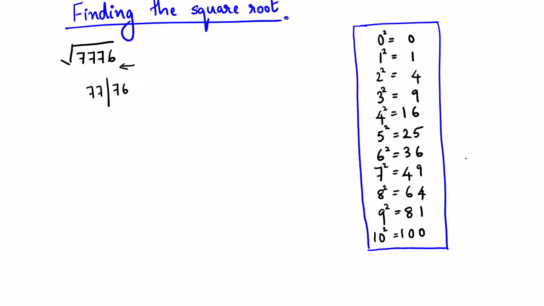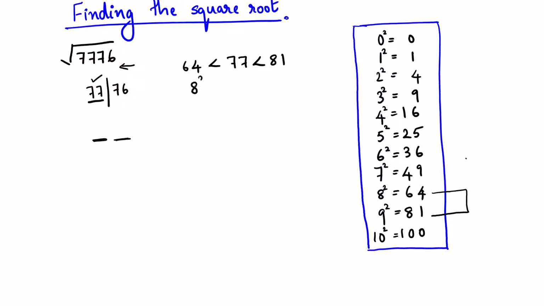Now you have to consider 77. You will be having an answer of two digits, a tens digit and a ones digit. For getting the tens digit, you have to consider this 77 from these squares. So 77 comes in between 64 and 81.